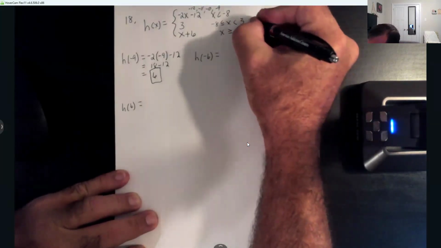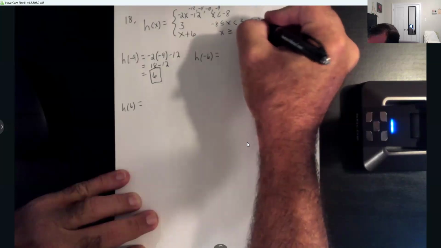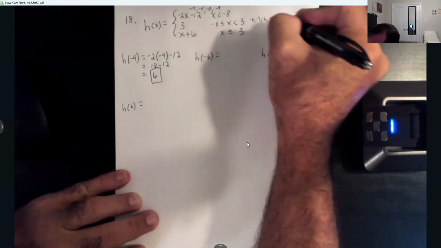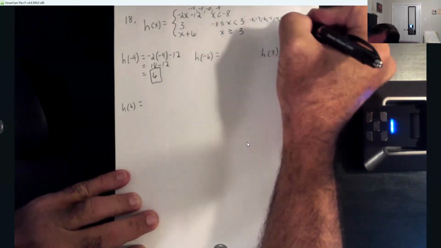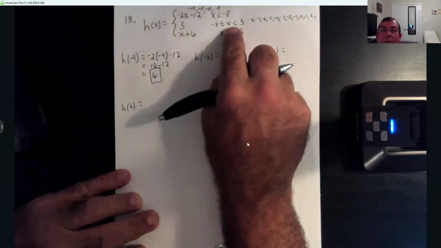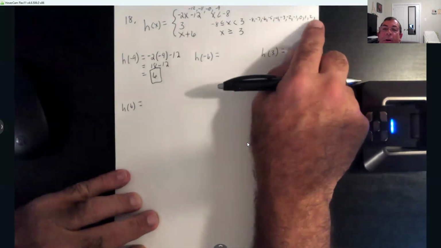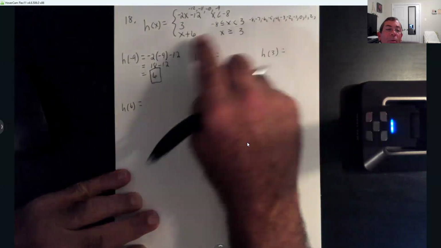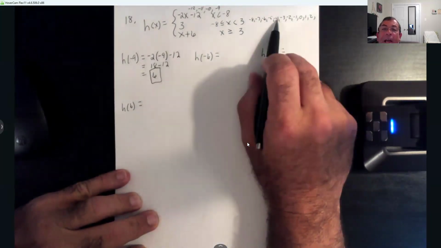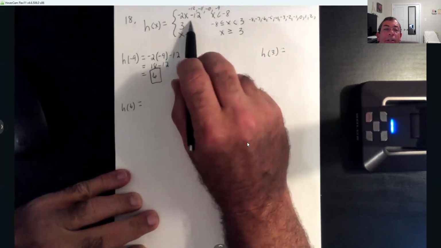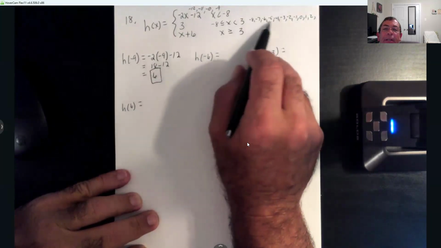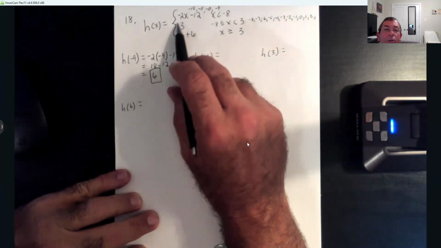And this range will cover numbers from negative 8 all the way up to 2, because 2 is less than 3 and is the biggest number that can be in that range. Well, negative 6 is right there, so it's in that range. So I use the second equation, and there's no variable here, so anything in this range equals 3.